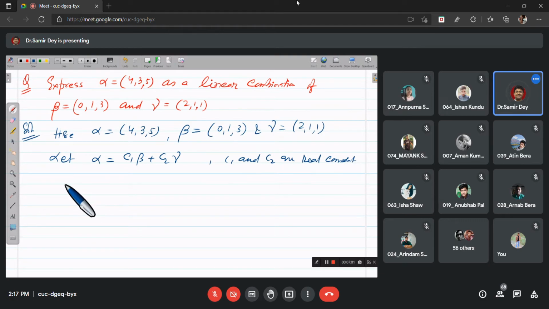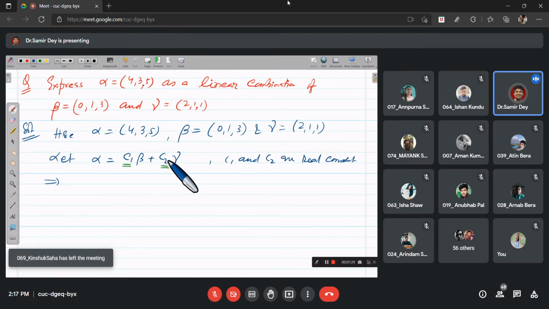That means it is a constant value, but it's a real number. Okay, now you substitute the value of alpha. Now what is our target? Our target is to find the value of C1 and C2. If it is possible to find the real values of C1 and C2, then only can we say alpha can be expressed as a linear combination of beta and gamma.